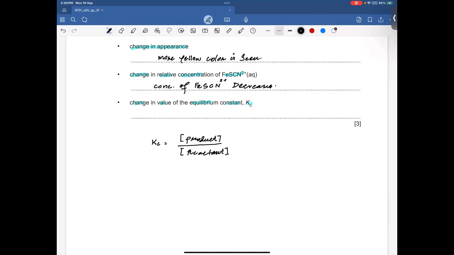If reactant concentration increases, obviously the value of Kc decreases. So the value of Kc decreases because equilibrium favors the left-hand side.